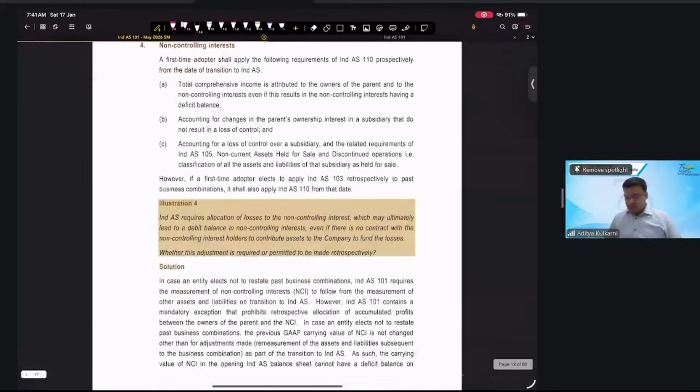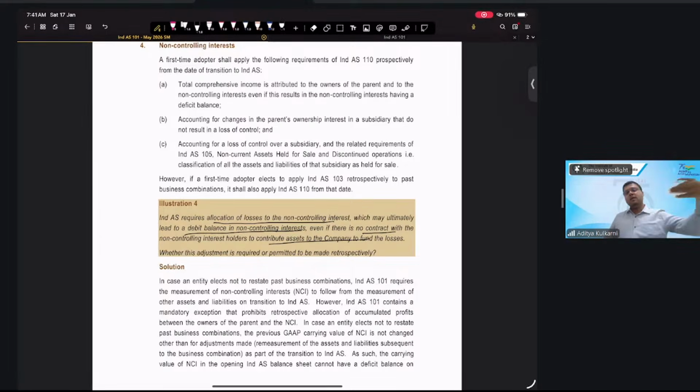Okay, illustration 4. Ind AS requires allocation of losses to NCI. Do you agree? Yes. Which may ultimately lead to a debit balance in NCI, even if there is no contract to contribute assets to the company to fund the losses. Why?